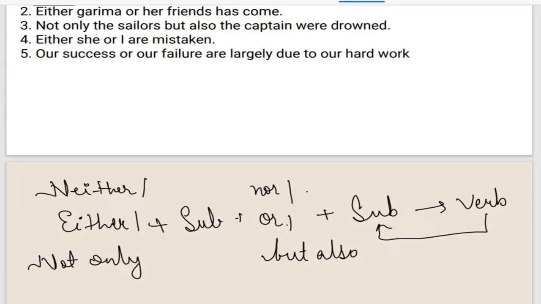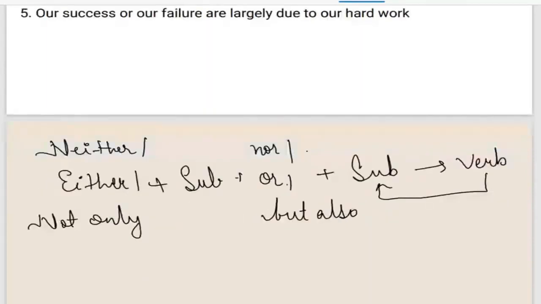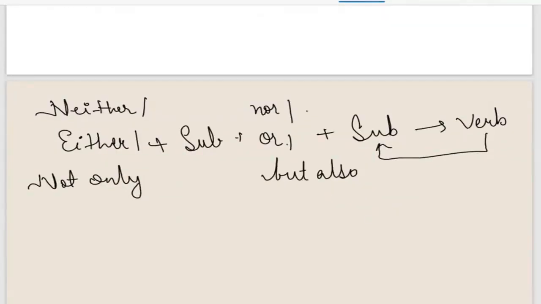I haven't finished yet, and you are messaging me to repeat again. Okay, I'll repeat it. See, there are certain pair conjunctions, conjunctions that always come in pairs, for example neither nor, either or, not only but also.